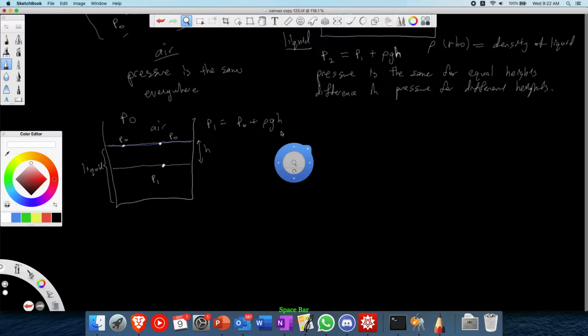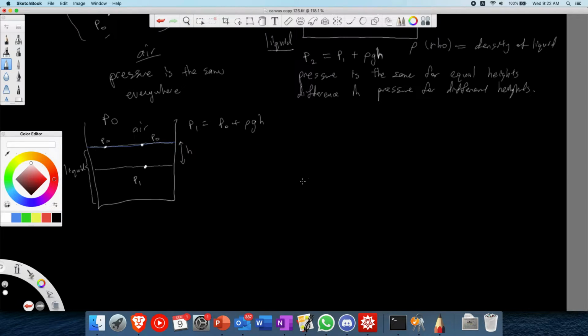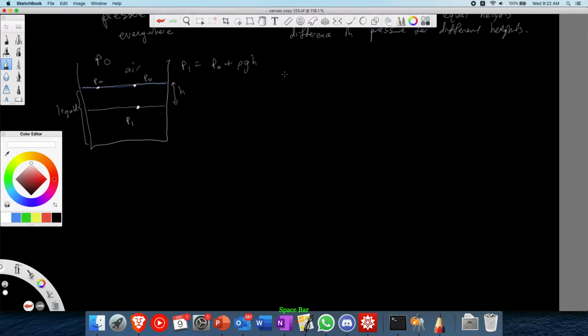If we graph what it looks like, let's say we have a column of water and some liquid here. Outside here is air, and inside here is liquid.